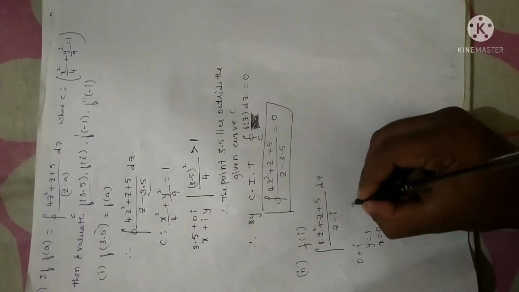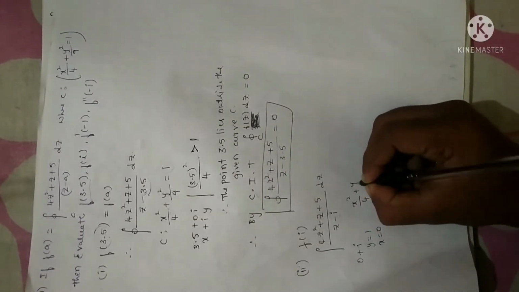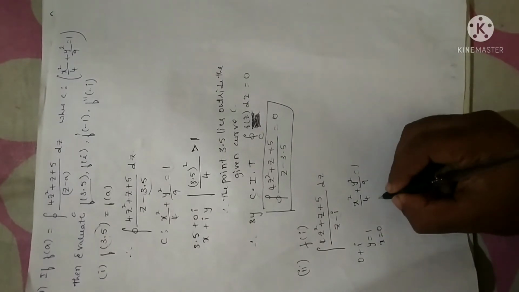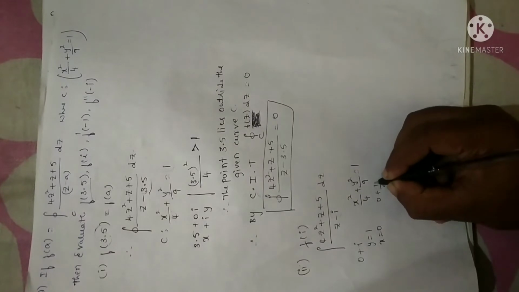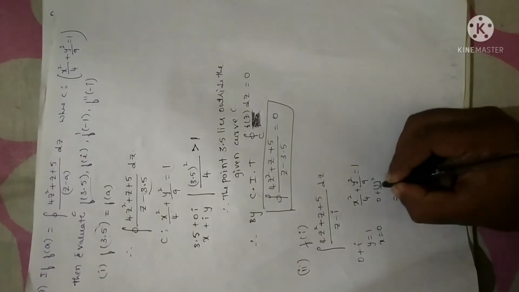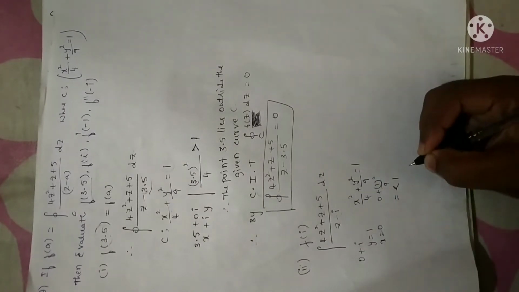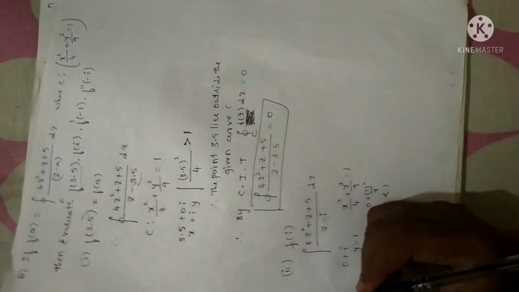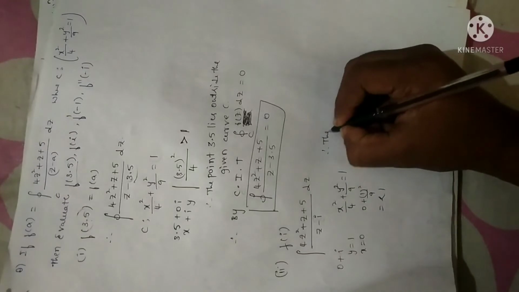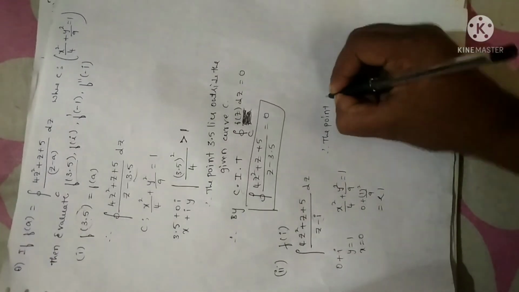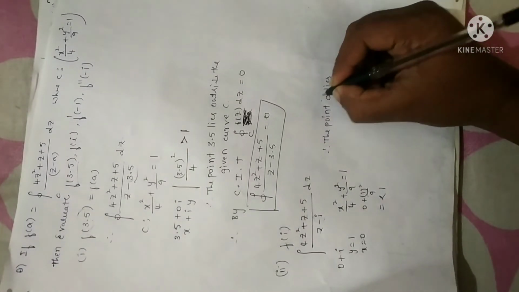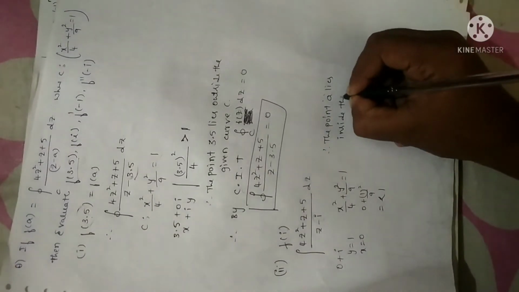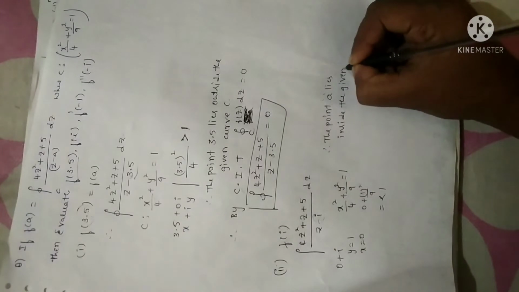So the given curve is x square by 4 plus y square by 9 is equal to 1. Replace x equal to 0 and y equal to 1. So 0 plus 1 divided by 9; 1 square is 1 only. So 1 by 9 will obviously be less than 1. So as I already said, when it is less than 1, the given point a lies inside the given curve.